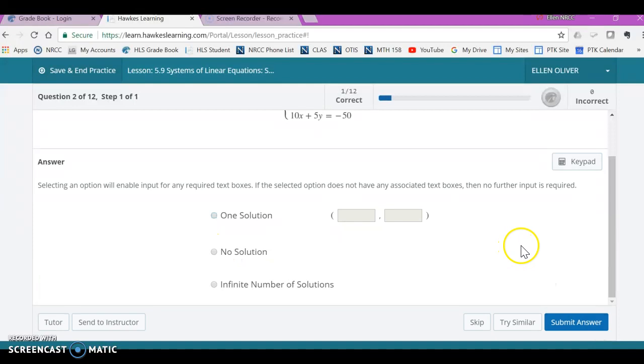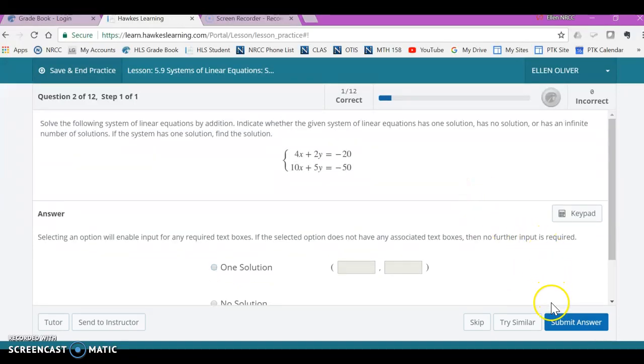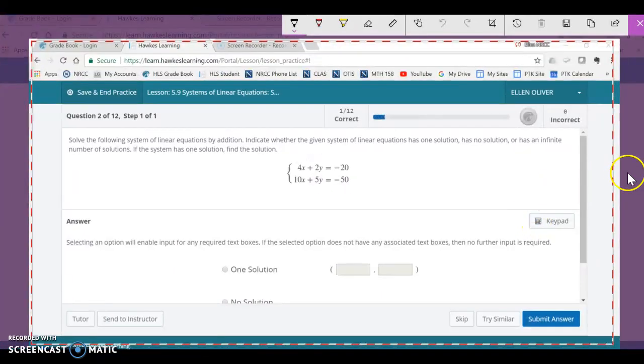How about the next one? Okay. So if I look at this, I can't do anything to 4 to make it 10, and I can't do anything to 2 to make it 5, so I'm going to have to multiply both equations by something.